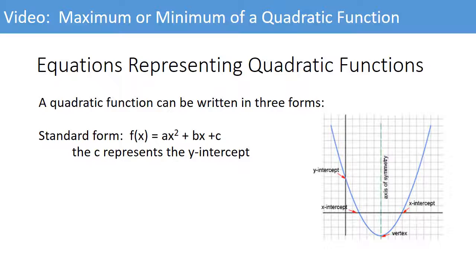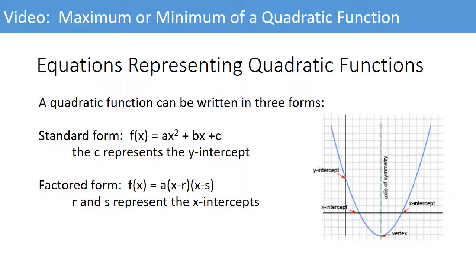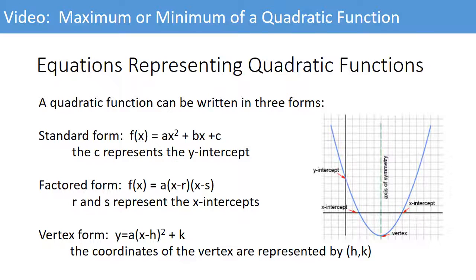Factored form, f of x equals a times (x minus r)(x minus s), where r and s represent the x-intercepts. And the third form is the vertex form, where y equals a(x minus h) squared plus k. h and k represent the coordinates of the vertex.